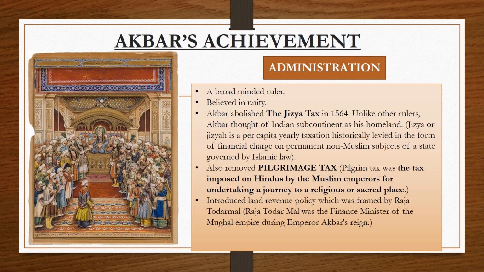Suppose some non-Muslim, meaning Hindu people, wanted to visit some religious place, they had to pay money or a fee just for visiting that place. That was known as pilgrimage tax. So Akbar withdrew two taxes which used to be collected by Muslim rulers. Those were the jizya tax and the pilgrimage tax.